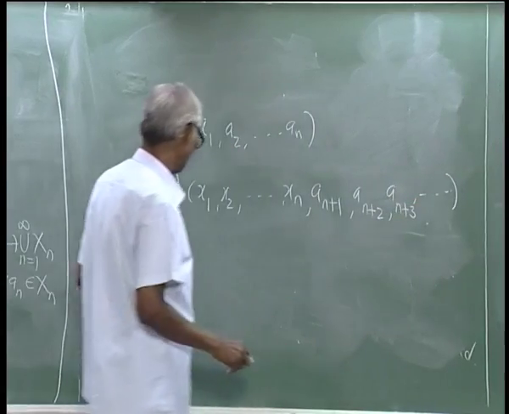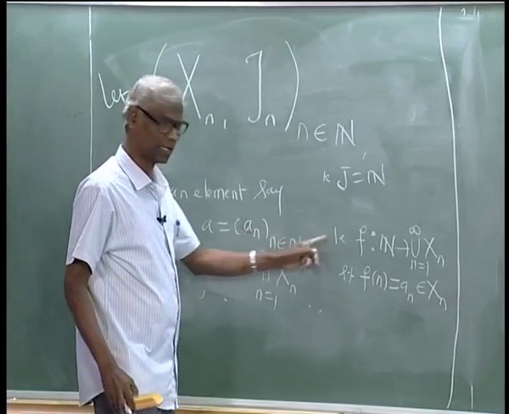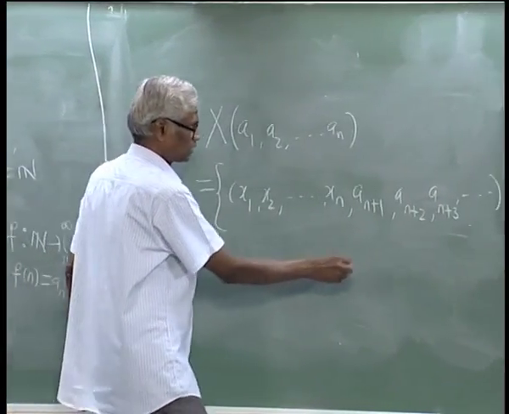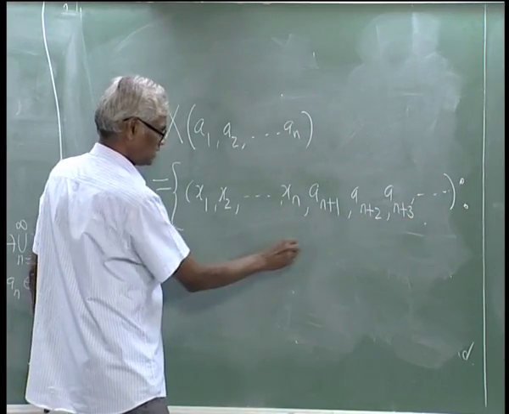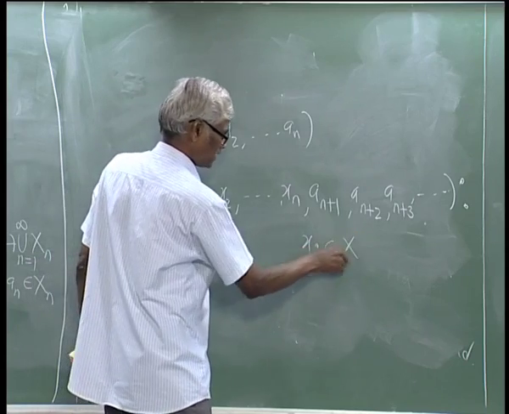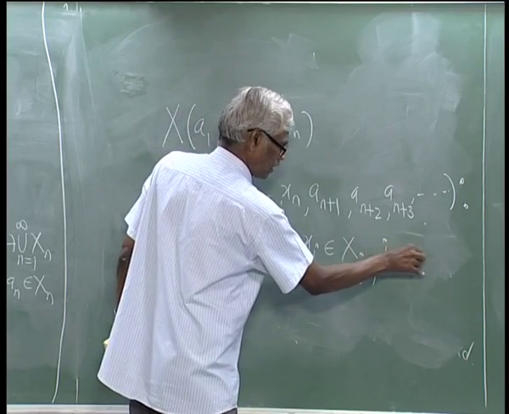This comes from our fixed, already we have fixed a_1, a_2, ..., a_n, this is known, such that x_j belongs to our capital X_j for all j varying from 1 to n.